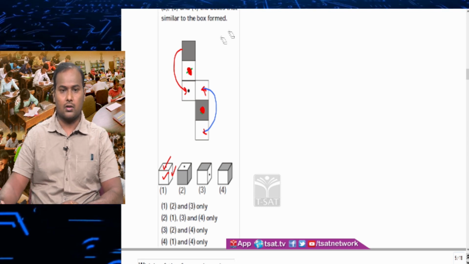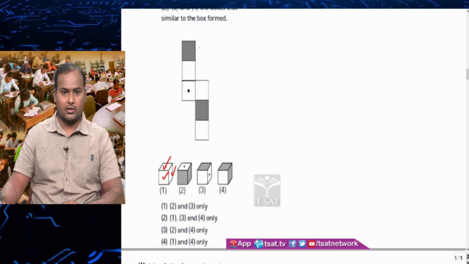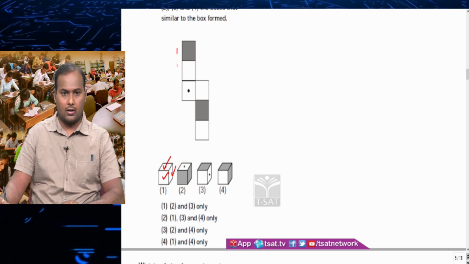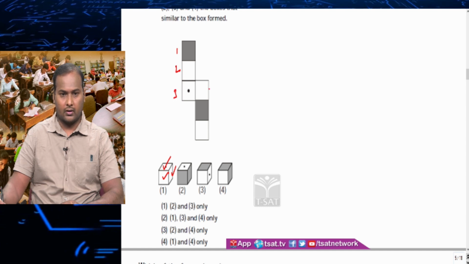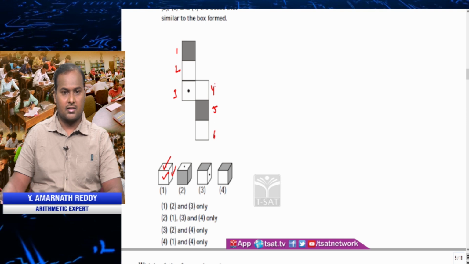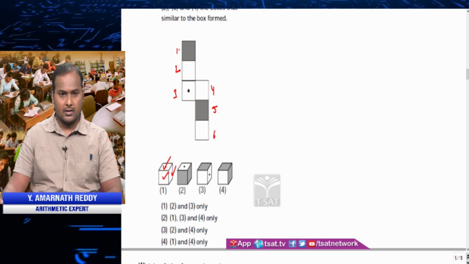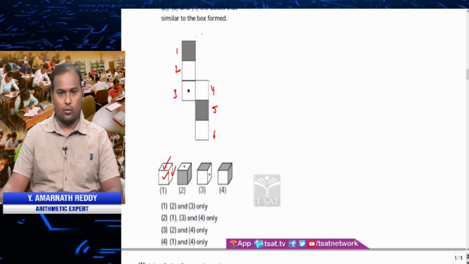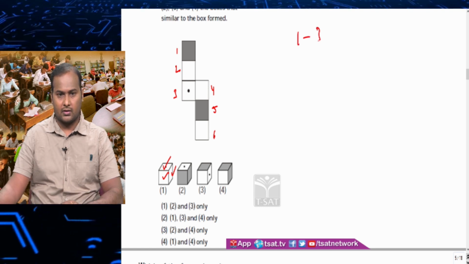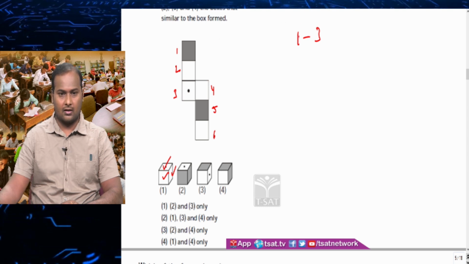To make it simpler, I will try to give numbers. You can give numbers in the examination also. So 1, 2, 3, 4, 5, 6. I already said that between two opposite faces only one face is present. See here, between 1 and 3, 2 is present. So 1 opposite is 3. We know that on 3 we have dot, on 1 we have a dark color face.